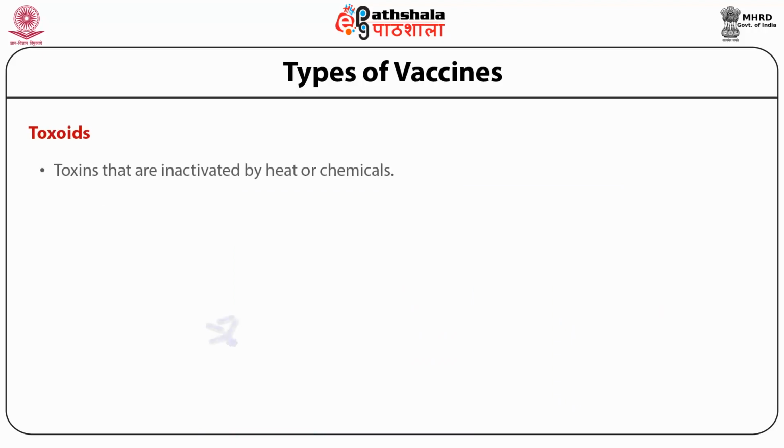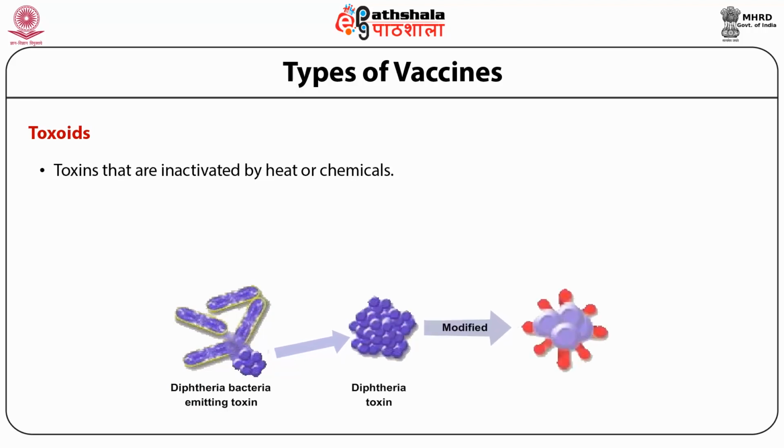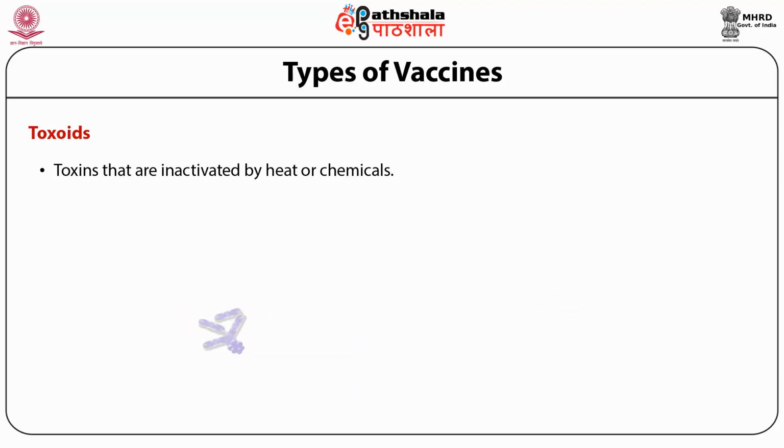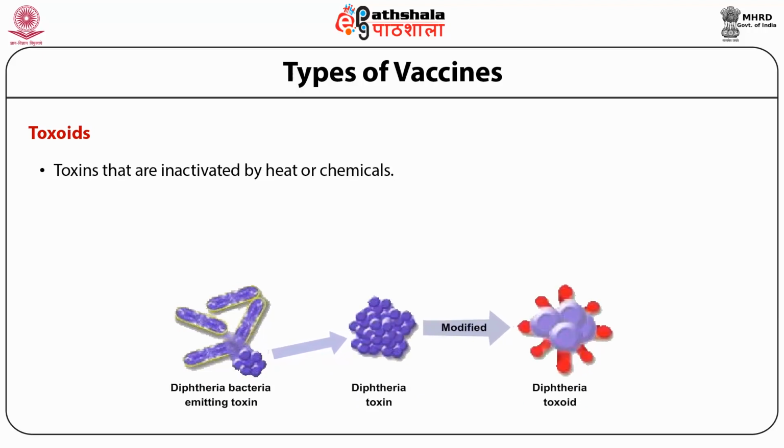Toxoids. Toxoids are the toxins that are inactivated by heat or chemicals. Some microorganisms like diphtheria, tetanus, pertussis, they secrete toxins which are the reason of pathogenesis rather than the microorganism itself. So these toxins are used as antigens in vaccines known as toxoids.